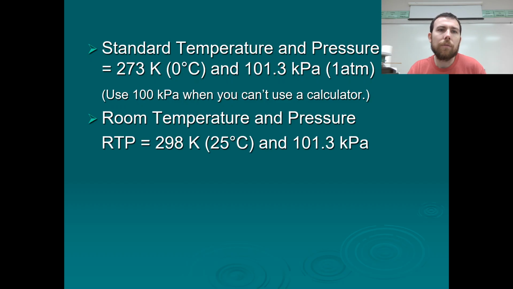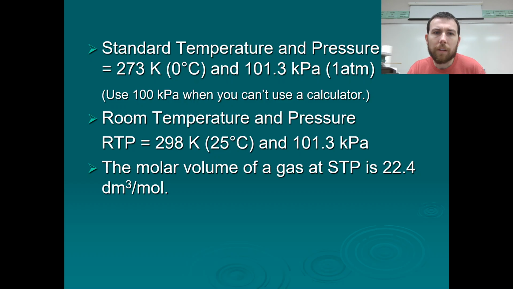And then room temperature and pressure, another set of conditions that you need to be aware of. RTP, not the Research Triangle Park, but RTP: 298 Kelvin and 101.3 kilopascals. So the molar volume of a gas at STP is 22.4 decimeters cubed per mole. Again, this is a very IB thing for them to do, to give you decimeters cubed per mole.